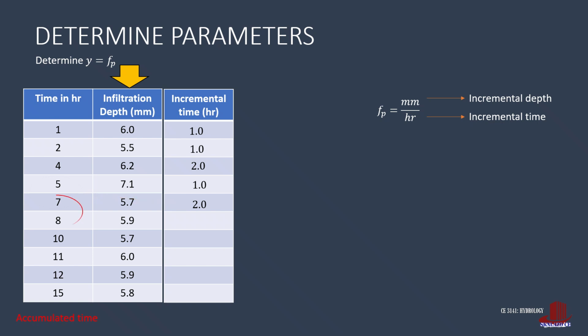Next is 8 minus 7, which is 1, followed by 10 less 8, giving 2. There is also 11 minus 10, which is 1 again. Then 12 minus 11 also is 1. And last is 15 less 12, giving 3. Now we have incremental depth and incremental time.